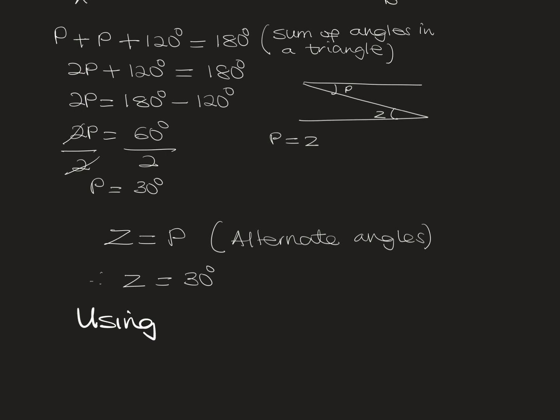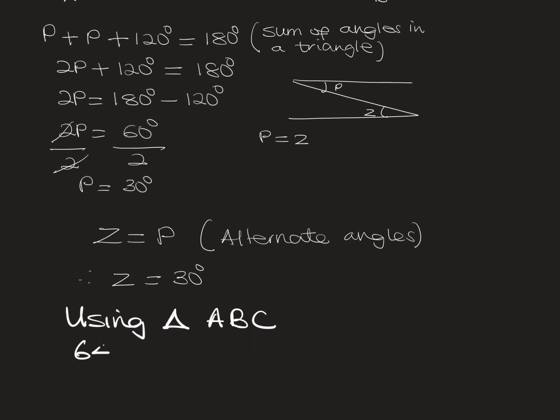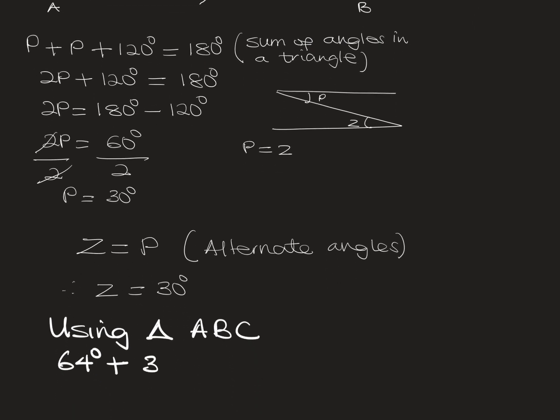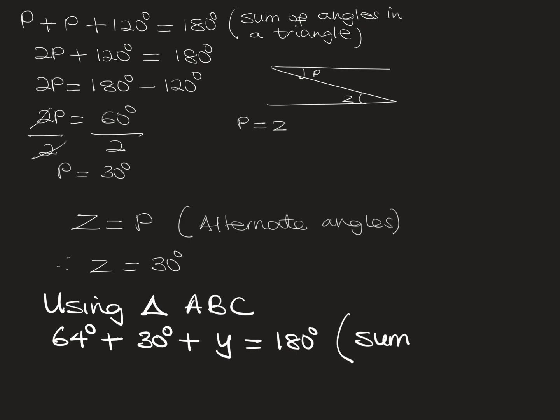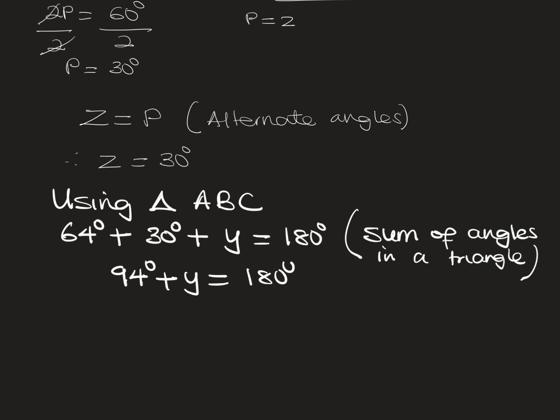Using triangle ABC, we will say 64 degrees plus 30 degrees plus Y is equal to 180 degrees because of the sum of angles in a triangle. 64 plus 30 is 94 degrees plus Y is equal to 180 degrees.